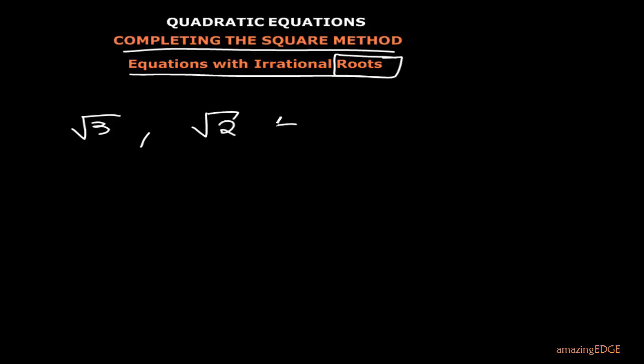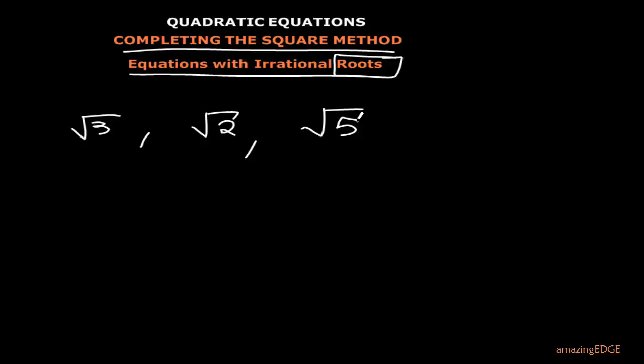I know the square root of 2 is 1.41 something something, okay? Then you can talk about the square root of 5. So every number whose square root is not exact, you cannot get the square root explicitly, is what we call an irrational number.